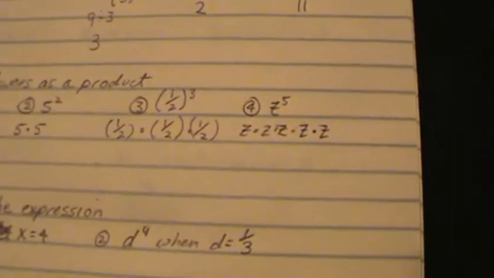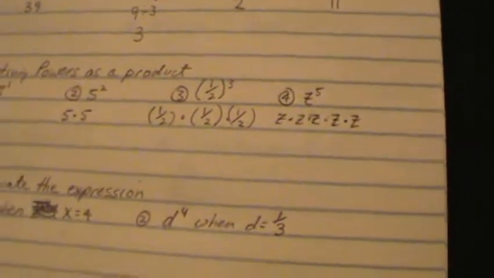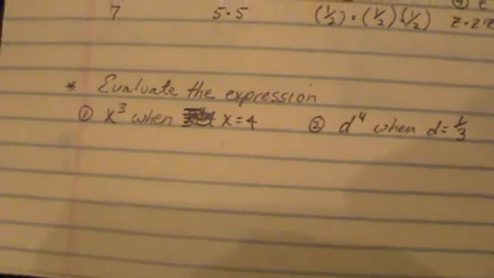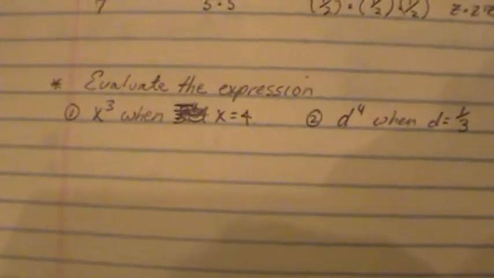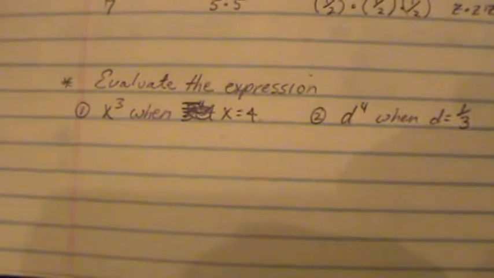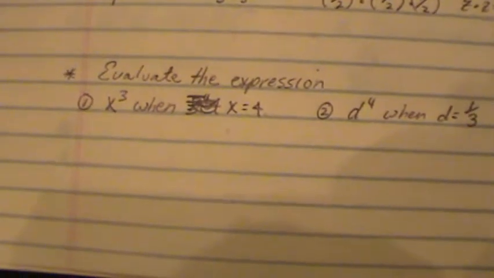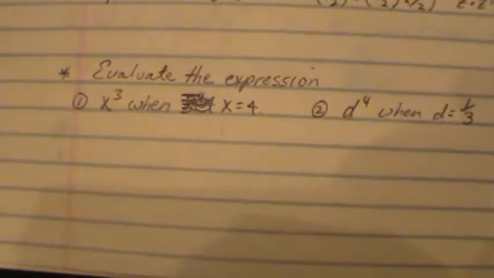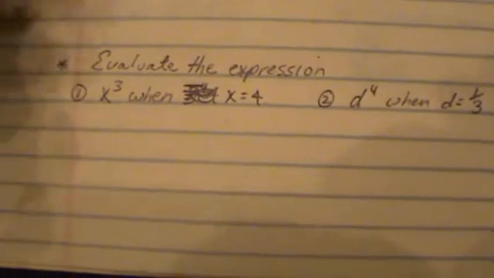The last thing that you'll need to know in this chapter is self-explanatory. They want you to actually evaluate now. If you look at the directions, it says to evaluate the expression. Number 1, it says x to the 3rd power when x is equal to 4. How am I going to evaluate this?